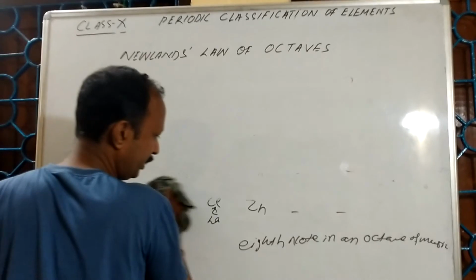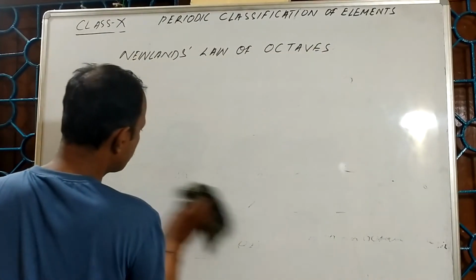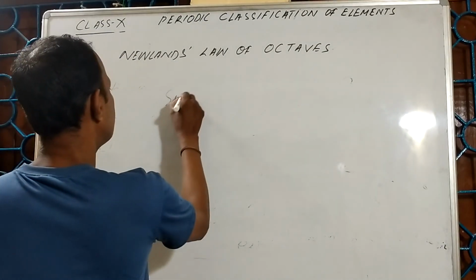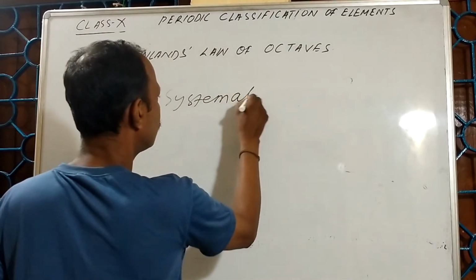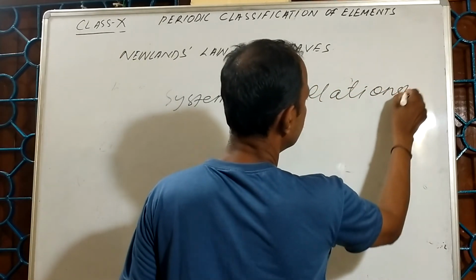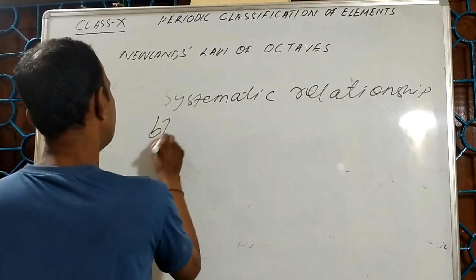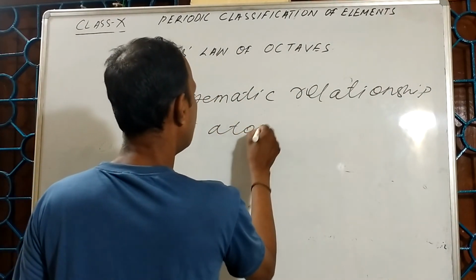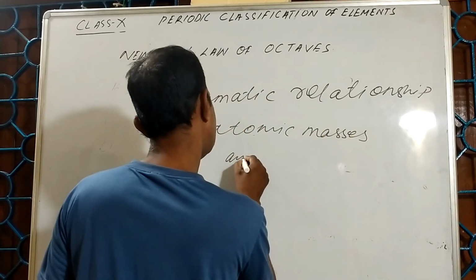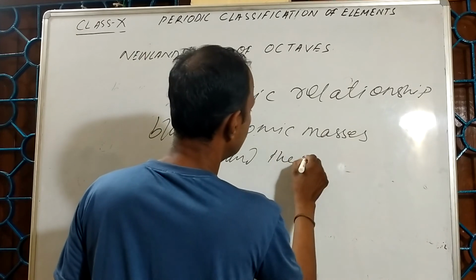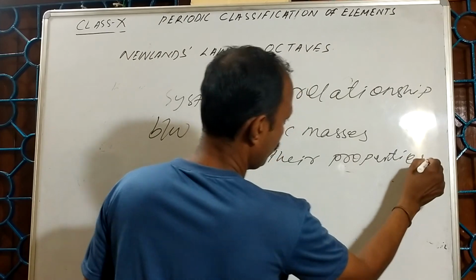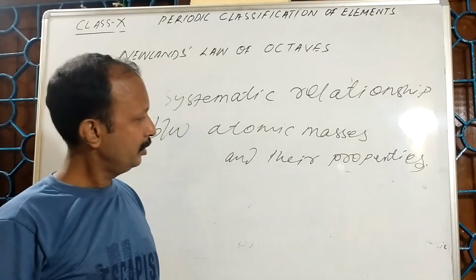So he was the first scientist who proved that there is a systematic relationship between atomic masses and their properties.